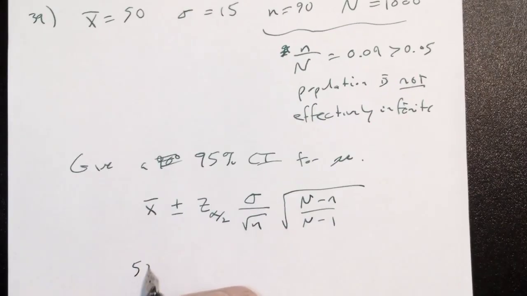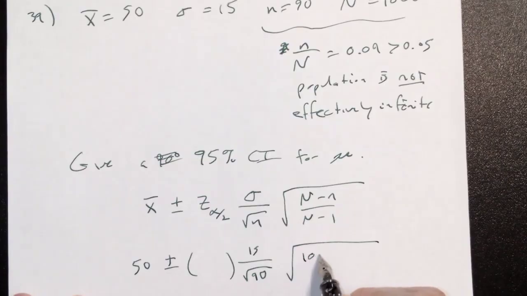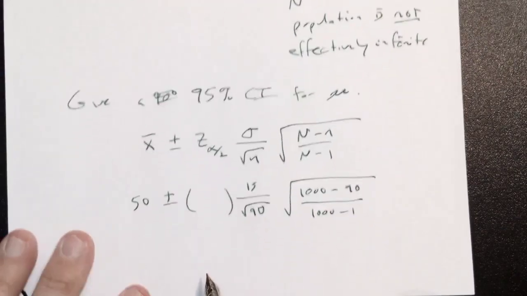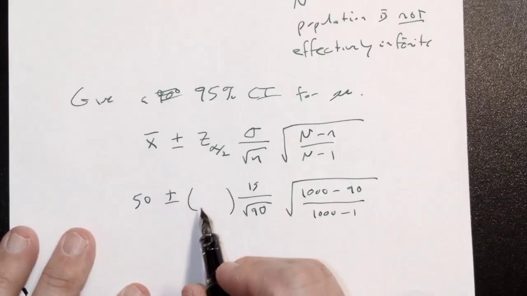My average was 50. My standard deviation was 15. My population, sorry, my sample was 90. My population was 1,000. What goes here? That's exactly right.